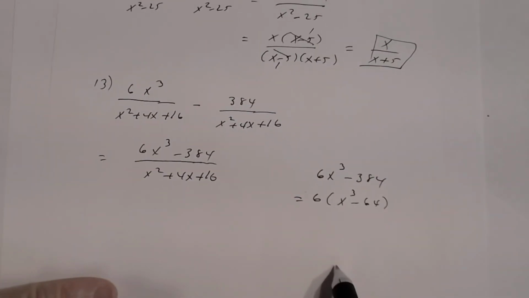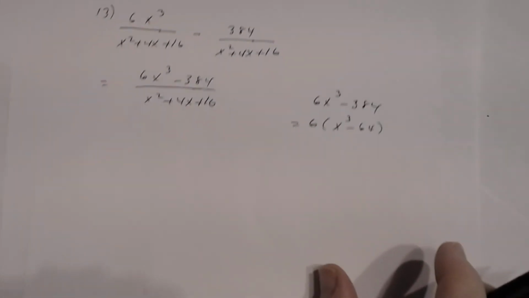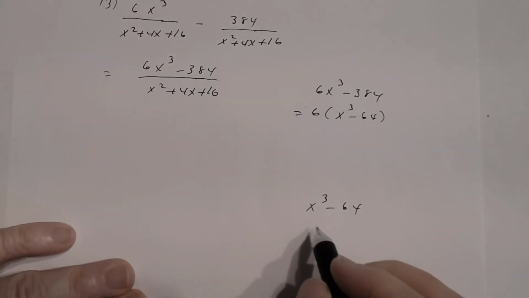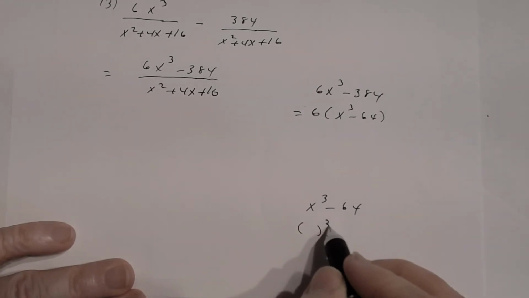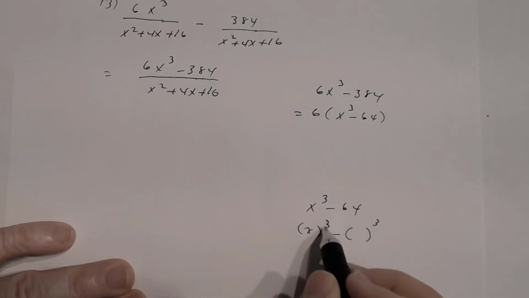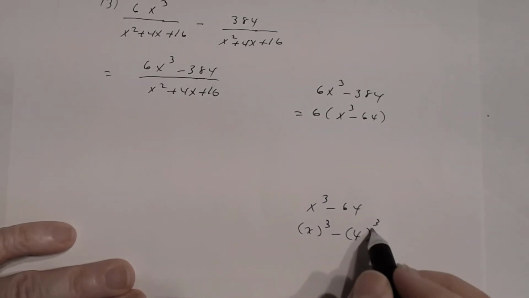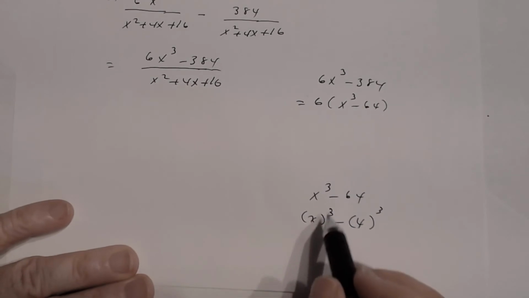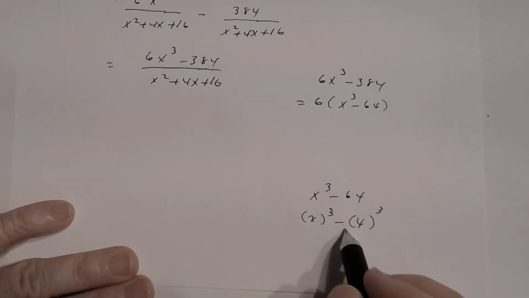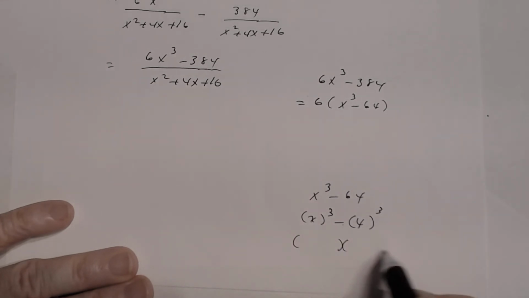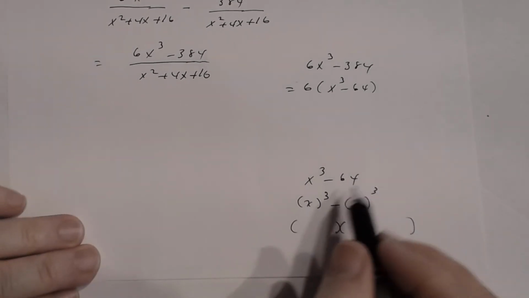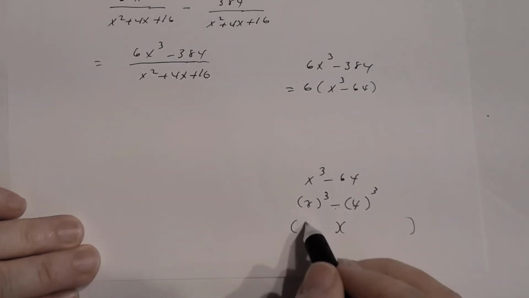Because remember, I'm going to go off to the side and do that down here. I have x cubed minus 64. So if you notice that x times itself 3 times is x cubed, and 4 times itself 3 times is 64, this is the difference of two cubes. And I can factor the difference of two cubes as a binomial times a trinomial. The binomial will be x minus 4.